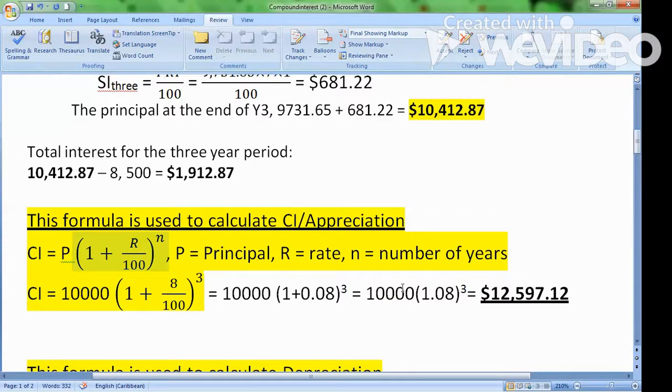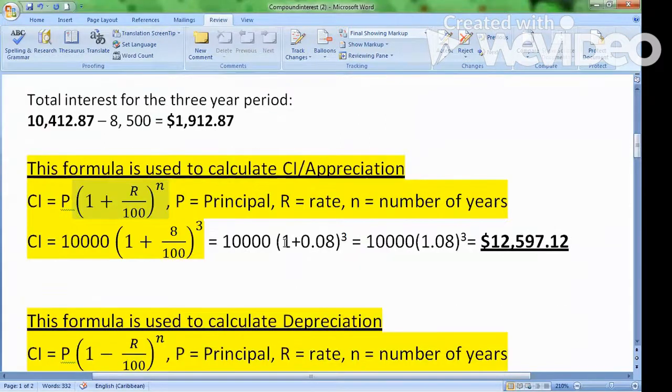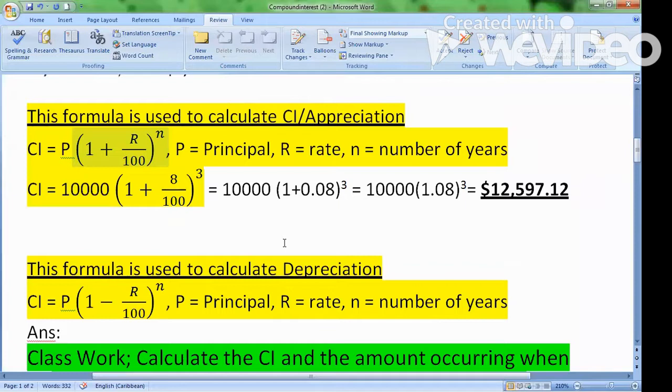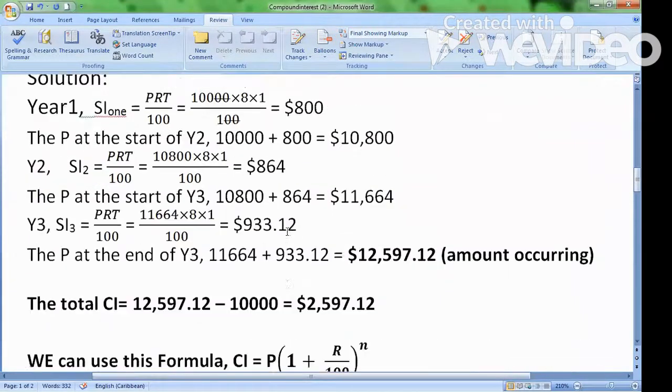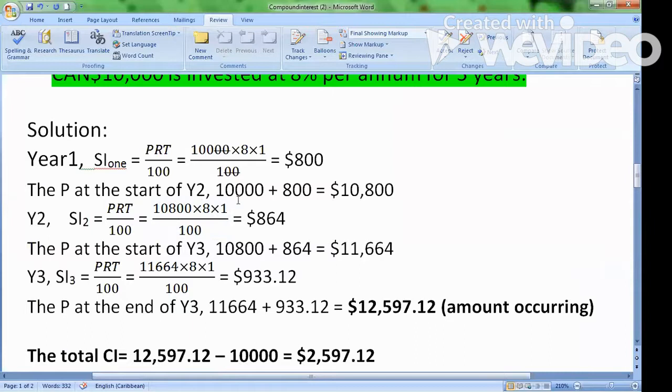But sometimes you have things that don't go up every year. You have things that go down every year, so we use the word depreciates. You see in this example here that we keep on adding.